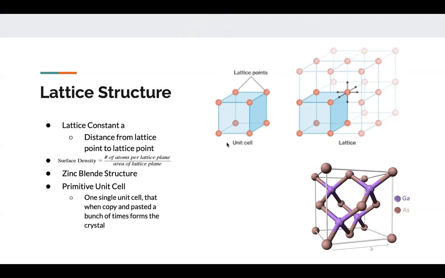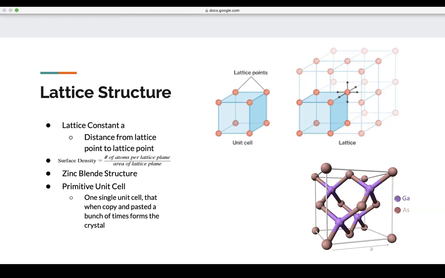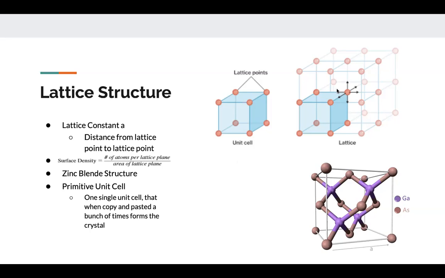So if you're trying to find the surface density of a unit cell, for example the zinc blende structure here at the bottom, you would find out how much of the atom is actually inside that structure. If you notice the four corners, there's only an eighth of that sphere actually inside the unit cell.